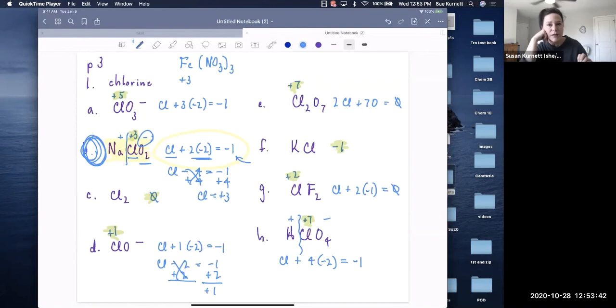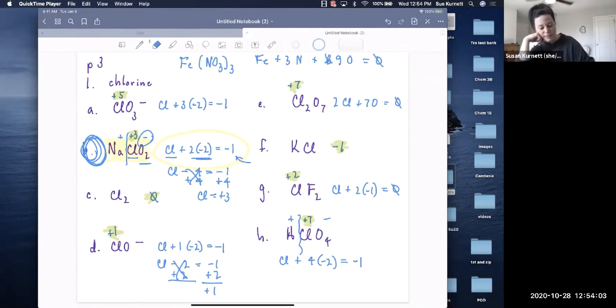If we were asked for the oxidation state for nitrogen in that compound, I wouldn't want to take the whole thing and break it apart: 1 iron plus 3 nitrogens plus 9 oxygens equals 0. Holy moly, that's a mess. But if I pull the ions apart and just look at nitrate individually, I can say, well, nitrate is NO3 minus 1.